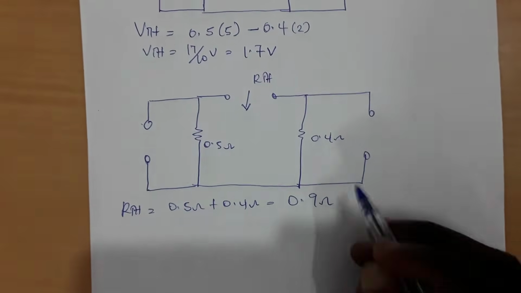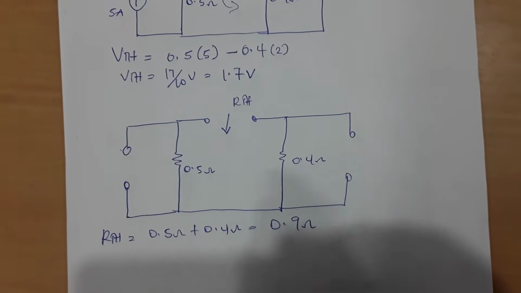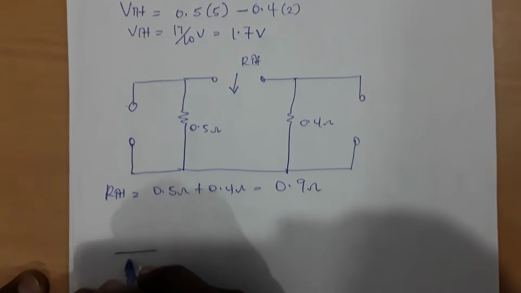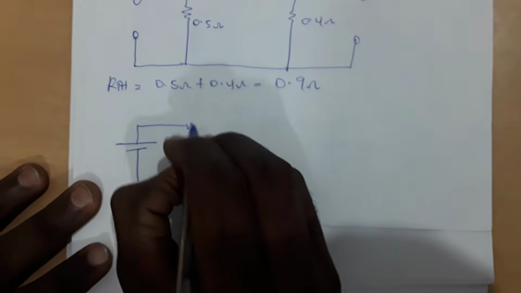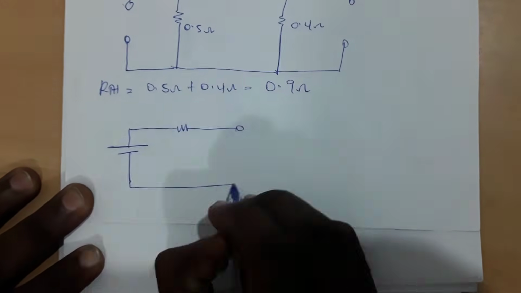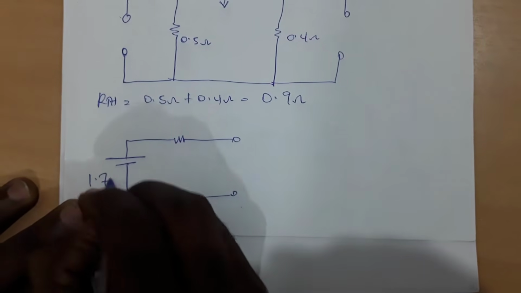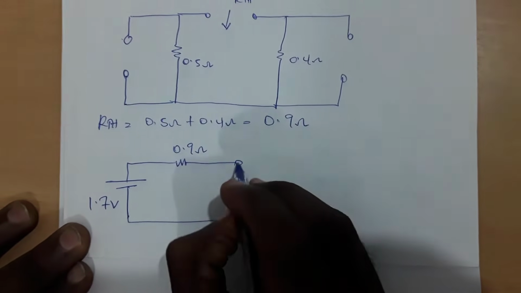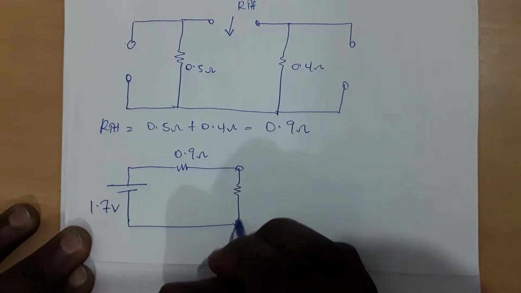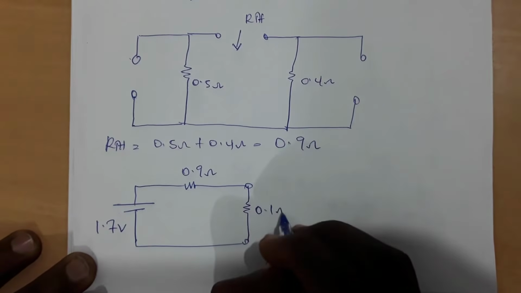Yes. So in Thevenin, if you have your VTH and RTH, you are good to go, because the equivalent circuit for Thevenin is like this. We have our VTH over here, which is 1.7 volts, and our RTH, which is 0.9 ohm, and we will bring back the resistor that we took out, that is 0.1 ohm.